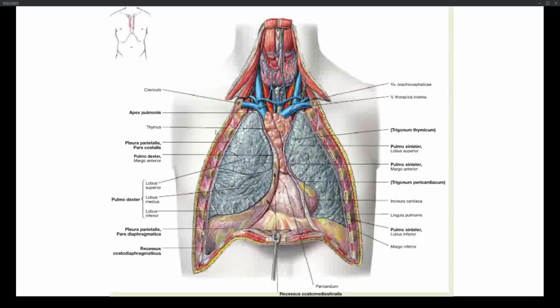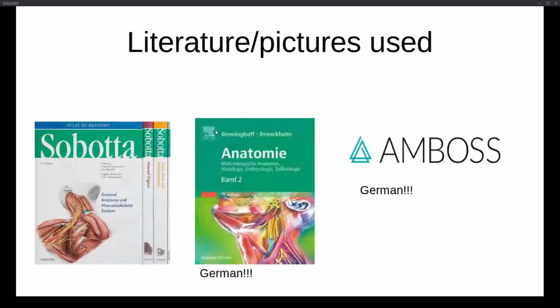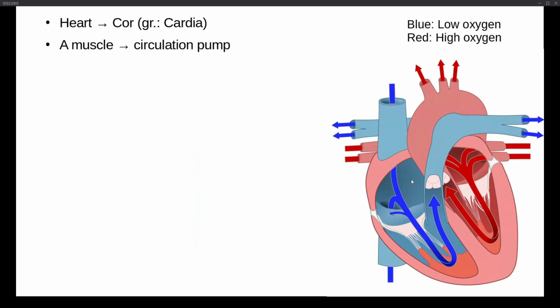The valves between the atrium and the ventricle will slap together because of the difference in pressure between the atrium and the ventricle.